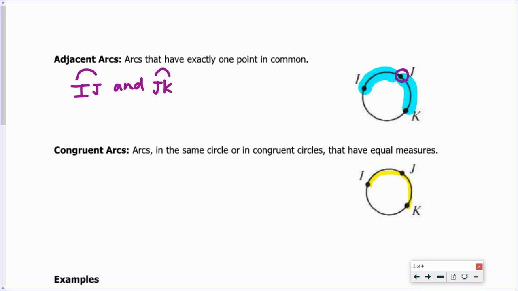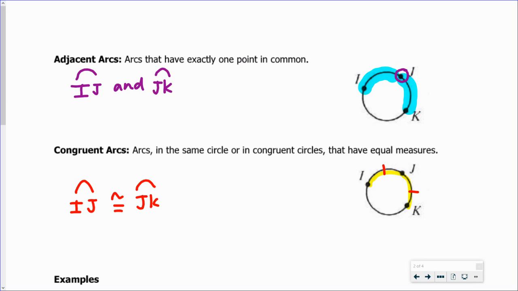So if segments were congruent, we would use a little tick mark to show that those segments were congruent. In this case, we'll do the same thing for congruent arcs. And the notation that we use is going to be exactly the same as well. So arc IJ is congruent to arc JK. Very similar to what you've seen in the past.